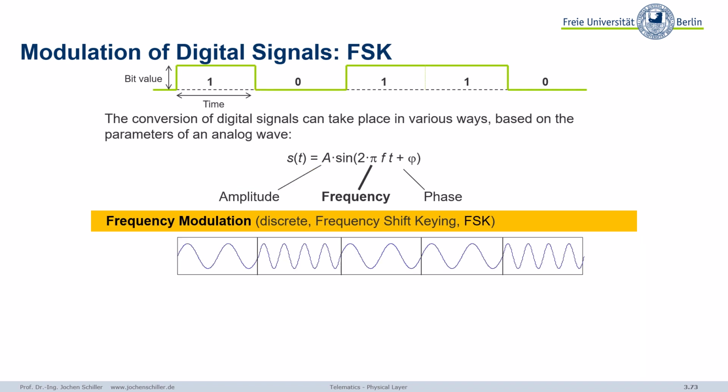We can also do something with the frequency part here. So we can change the frequency, also again in a discrete way, and this is why it's called frequency shift keying, FSK. So you see, for the 0 in this example we take a higher frequency, and for the 1 we take a lower frequency. So we take two frequencies.